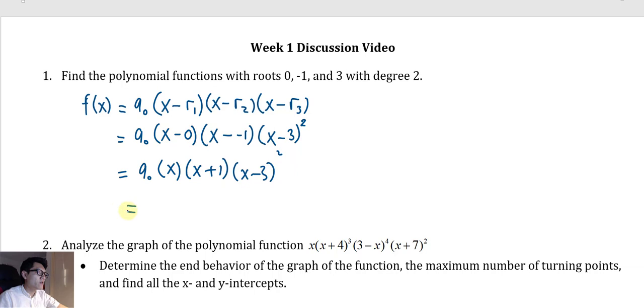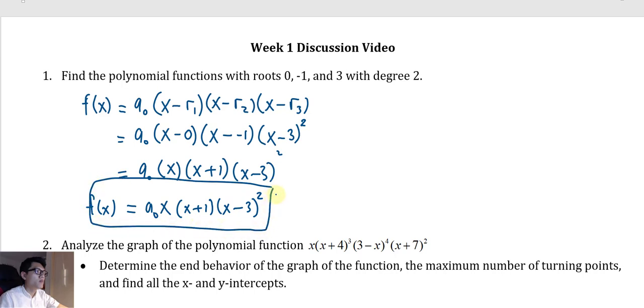Or in general, you can have the polynomial as a0 x (x plus 1) (x minus 3) squared, and this should be your polynomial. You can write a0 as a, it doesn't matter, we know that it's just a constant of the polynomial.